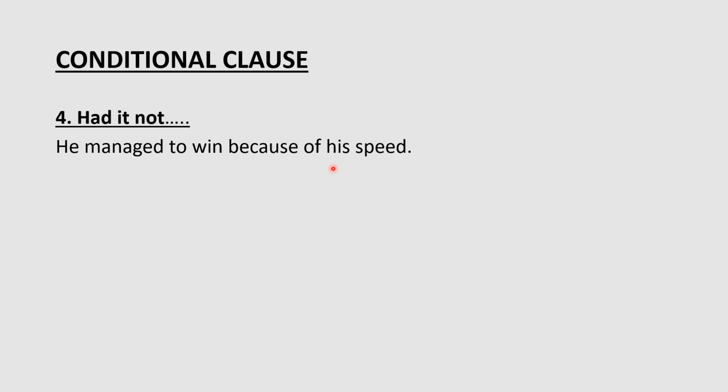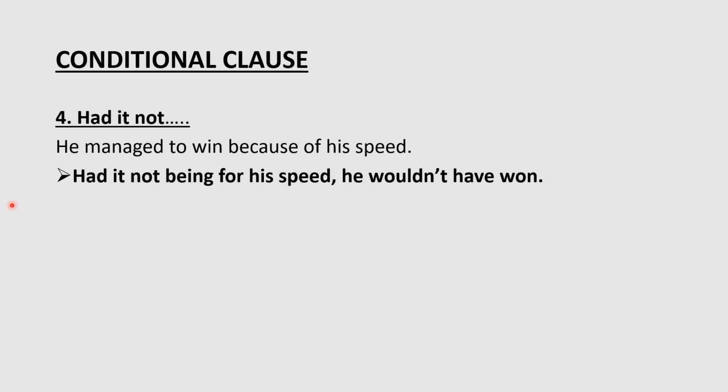So we start with had it not, then we say the condition, or the factor that made it possible, then we say what happened, but we say it in the negative. If it wasn't for this, then this couldn't have happened.